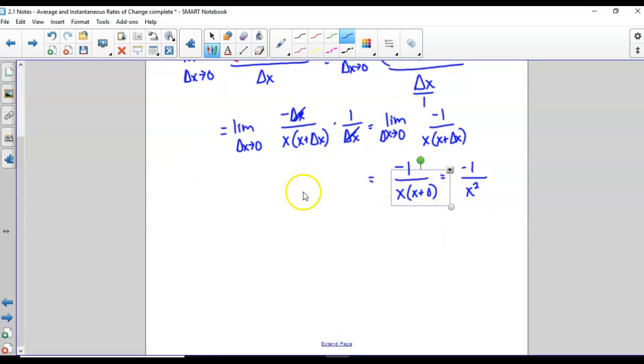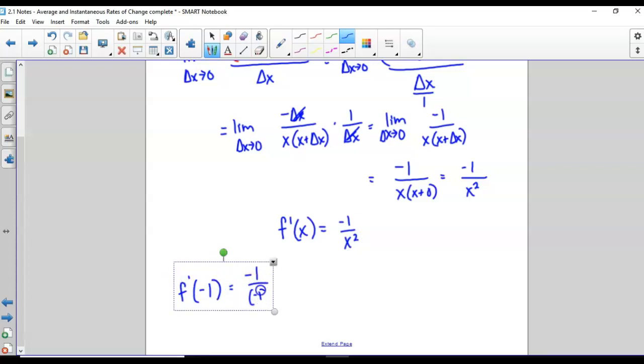It's much harder, much longer, but now I know the derivative of f at x is negative 1 over x squared. So now, if I want to find f prime of negative 1, I just have to plug in negative 1 to that equation. And so I'd have negative 1 over 1, which would give me negative 1.